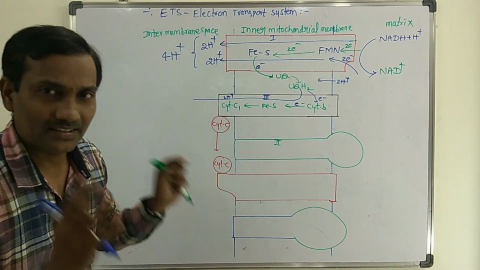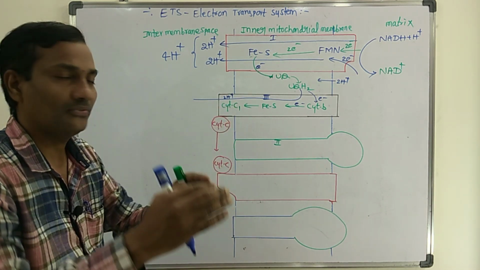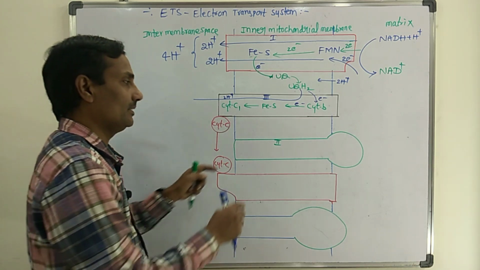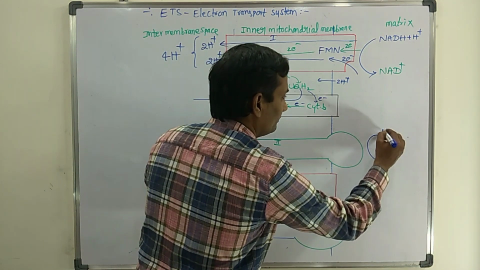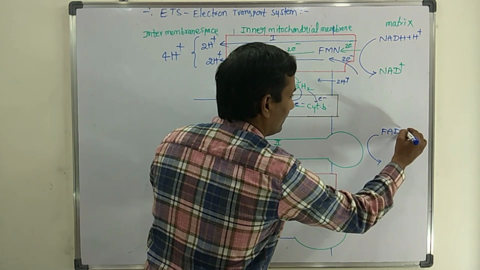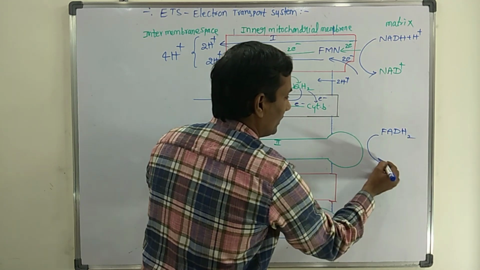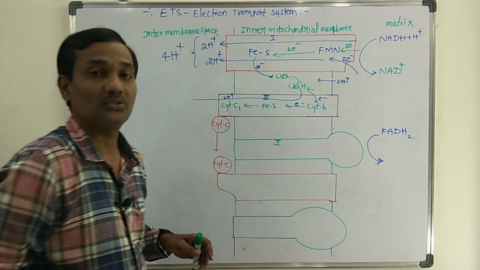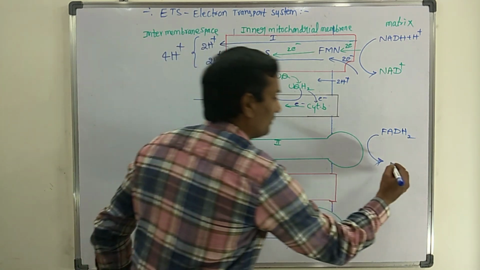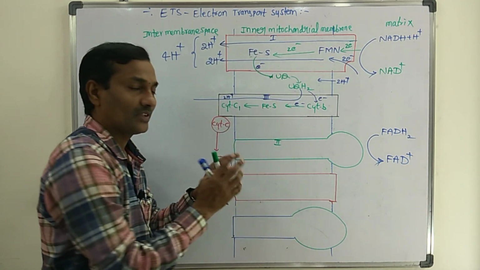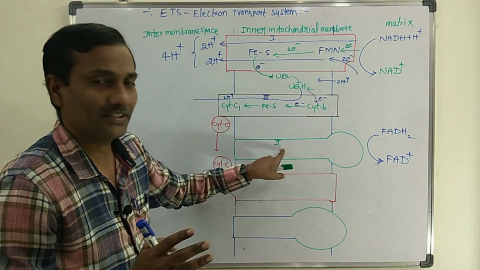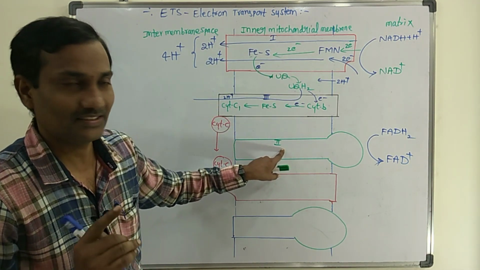Next, at the same time, during this ETS mechanism, oxidation of FADH2 also takes place near complex 2. Because of oxidation of this, FAD plus is formed. This is complex 2, succinate dehydrogenase, no?